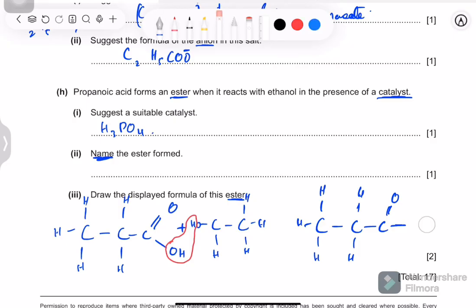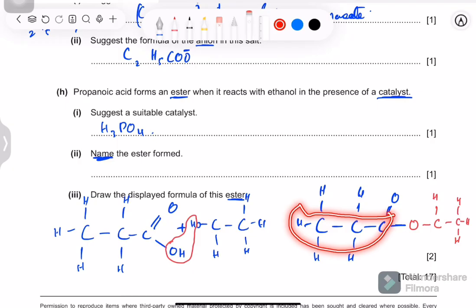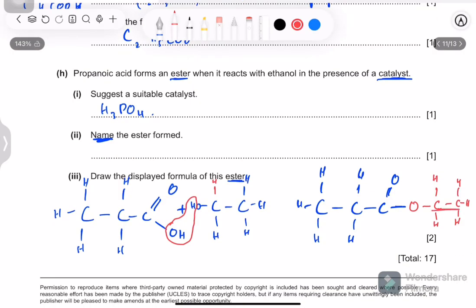And I will draw this with the red. Here you have it, the double bond containing acid part, propanoate and ethyl. This is ethyl. I missed a hydrogen. This is an ethyl because it contains 2 carbon atoms.